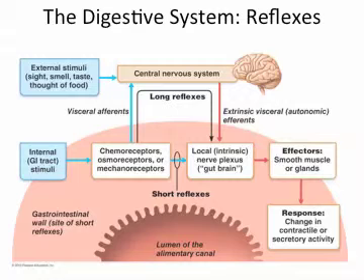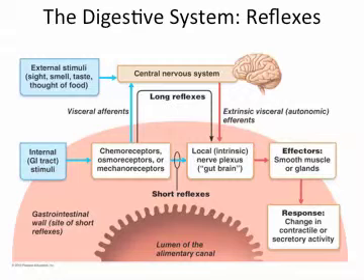They'll take that information about the chemistry, the osmolarity, and the stretch of the tube neurally along the visceral afferents to the central nervous system. The blue line pointing vertically towards the central nervous system represents visceral afferents of the autonomic nervous system.